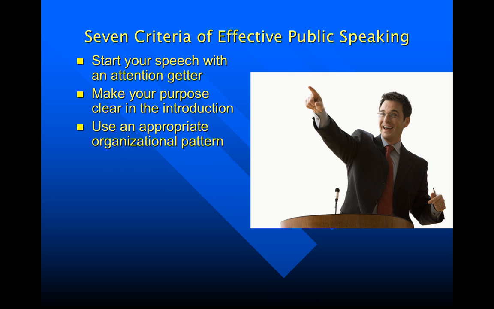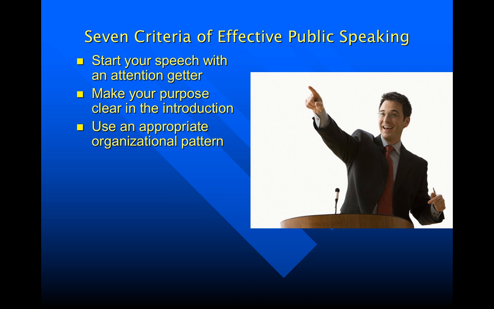You want to be sure that you are having a very clear pattern, that it's organized. In my class, what I'm looking for is that you have an introduction, a body, and a conclusion. The introduction is going to have your attention getter, state your purpose, and tell us your 3 main points. The body of your speech is going to go through each one of your main points.